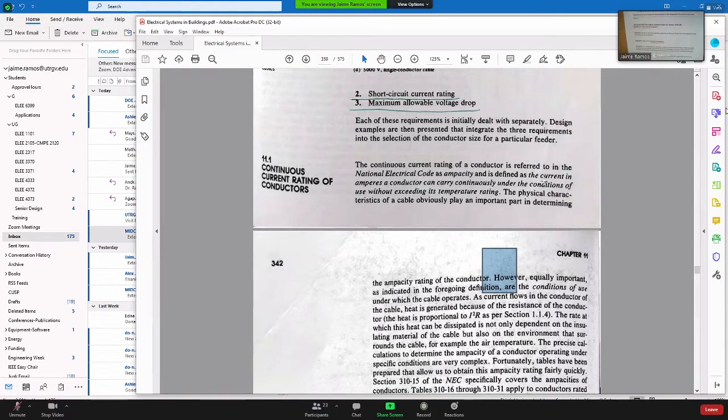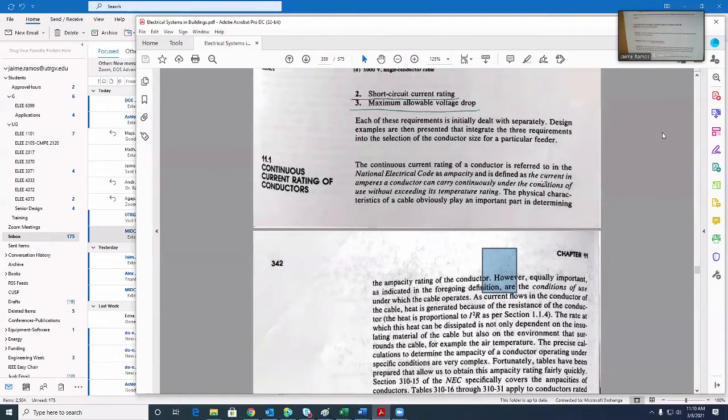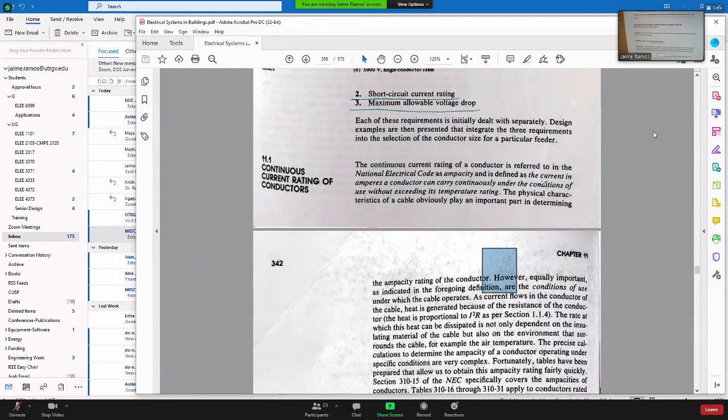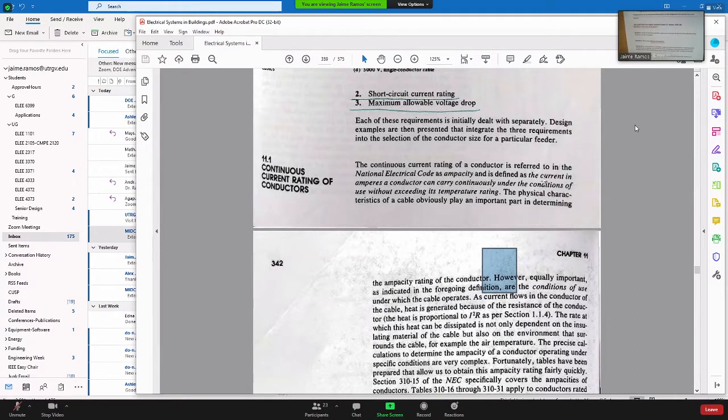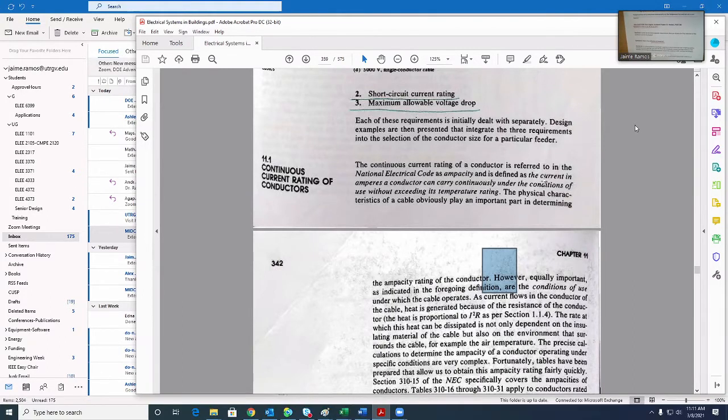The conductor has three main characteristics. One is material, copper or aluminum. Number two is the gauge, the diameter, the circular area. And number three is the temperature rating of the conductor, which is given by the insulation.